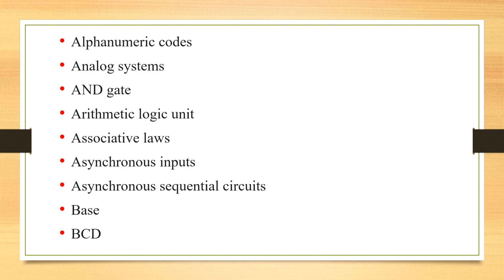The next one, associative laws. This law states that in the ORing of several variables, the result is the same regardless of the grouping of the variables. That is, A plus B plus C is equal to A plus B plus C. Similarly, the law is AB into C is equal to A into BC.